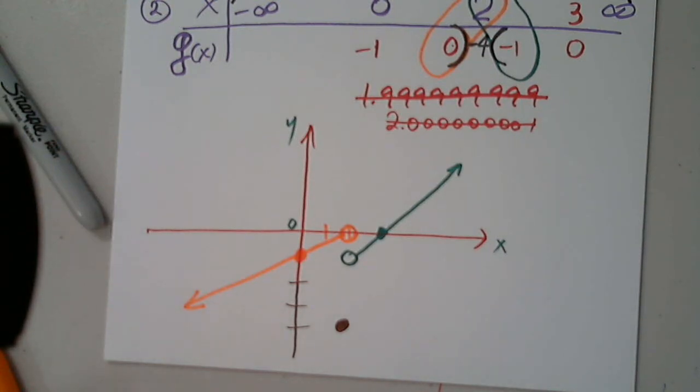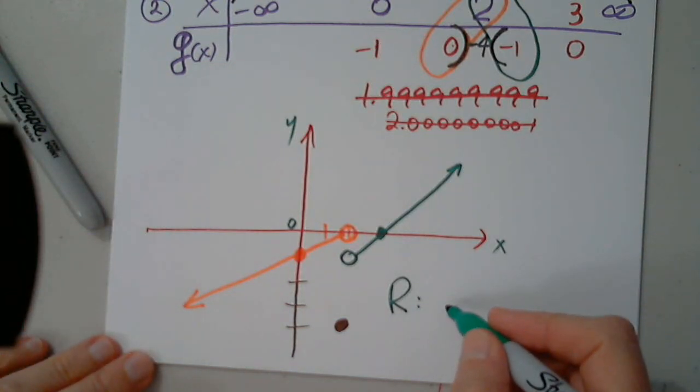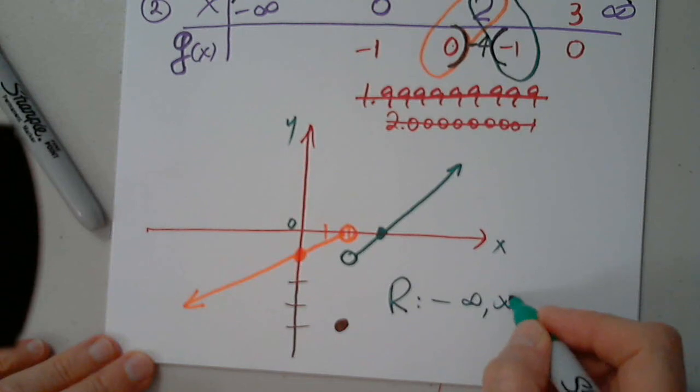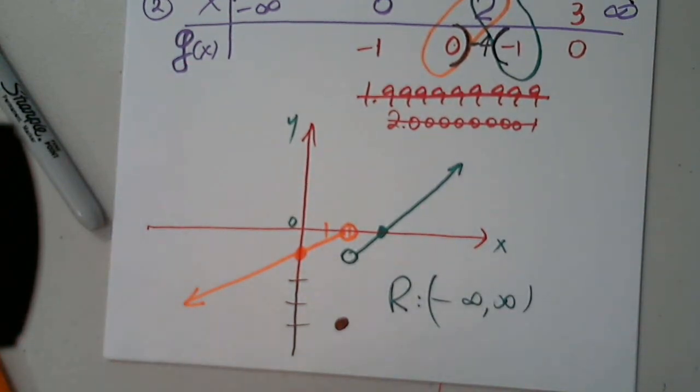If we want to identify the range, since this goes on forever and this goes on forever, what will you say the range of this function is? Negative infinity to positive infinity. Thank you very much, Colin. Excellent.